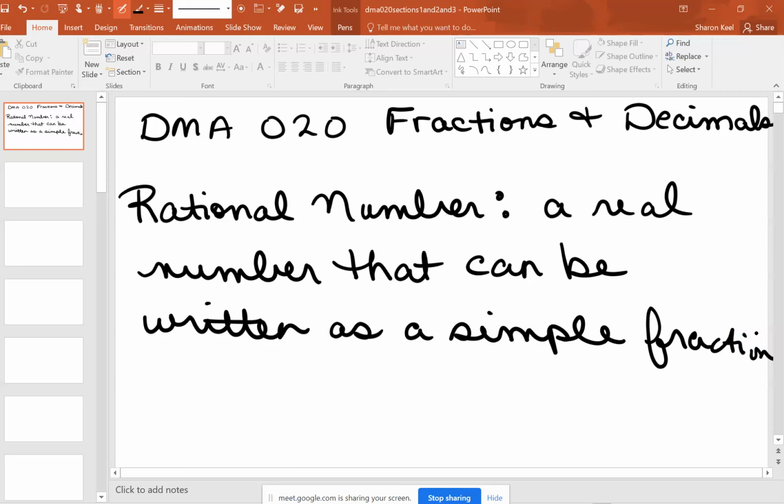So a representation of that could be something such as 3/4. It could be 2/7. It could be -8/10. Okay. When we talk about a fraction, there's three terms that we will hear referenced.